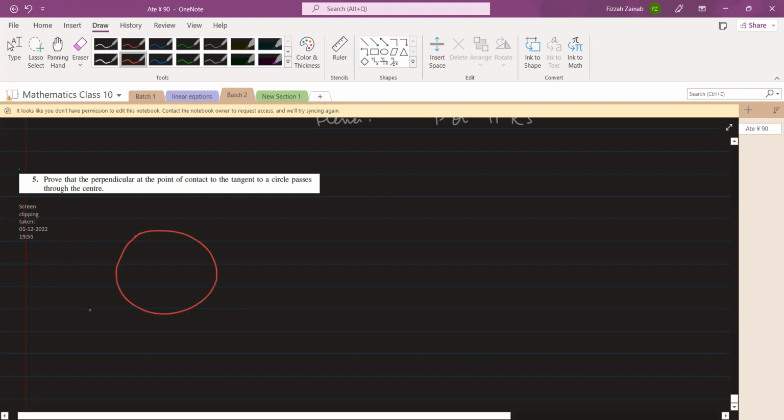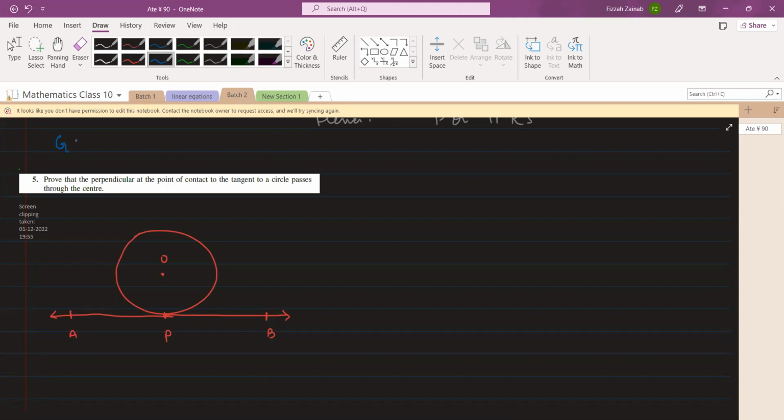So there's a circle here and there's a tangent. This is the center O. Let's say the point of contact is P. You can call the tangent AB. So write down what is given to you.